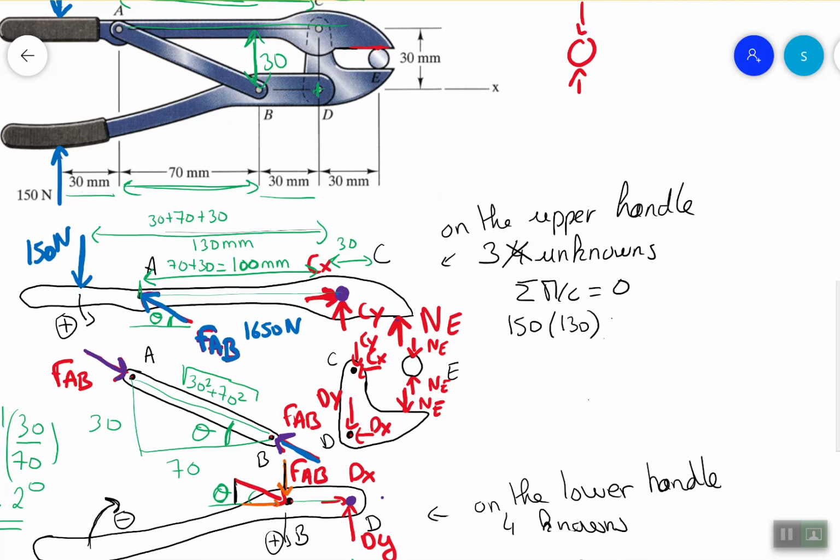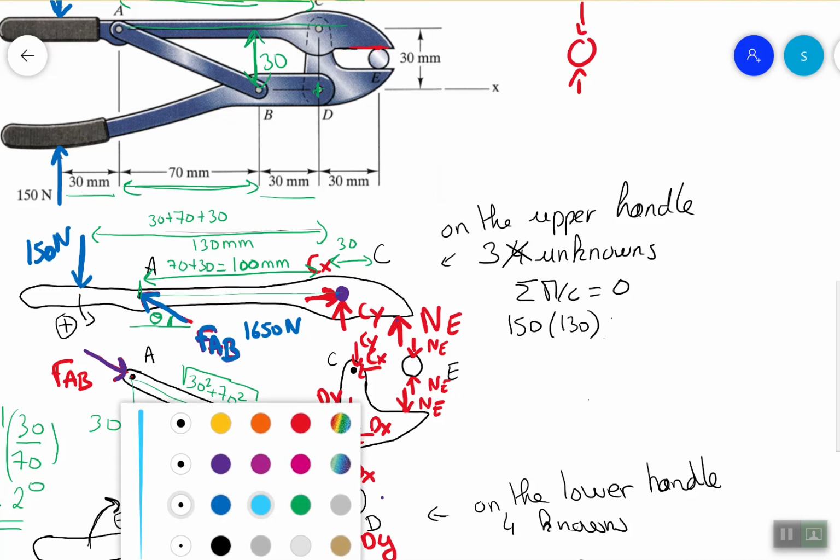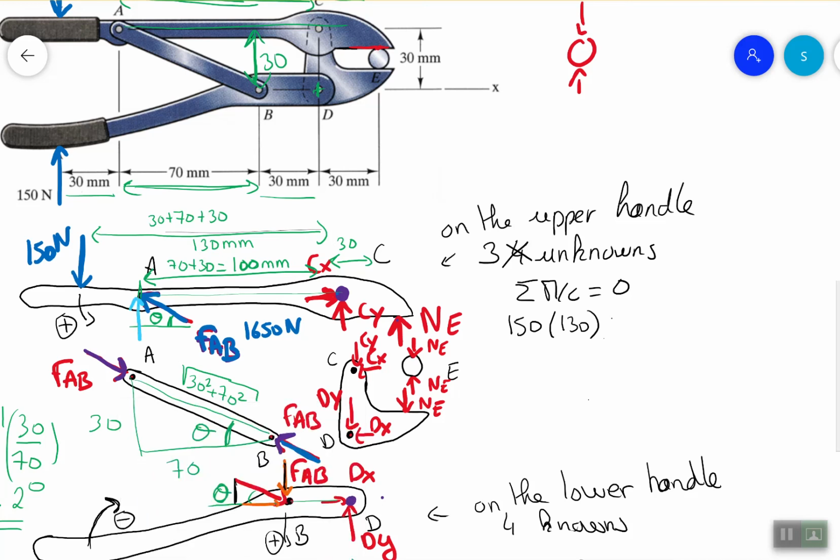We have FAB, and we need to split FAB into 2 forces, on X and Y, but the force that we want is the force on Y, so that's FAB sine theta. FAB is rotating in the negative direction, clockwise, so minus FAB sine theta, the Y component of FAB, times this distance, that is 100.